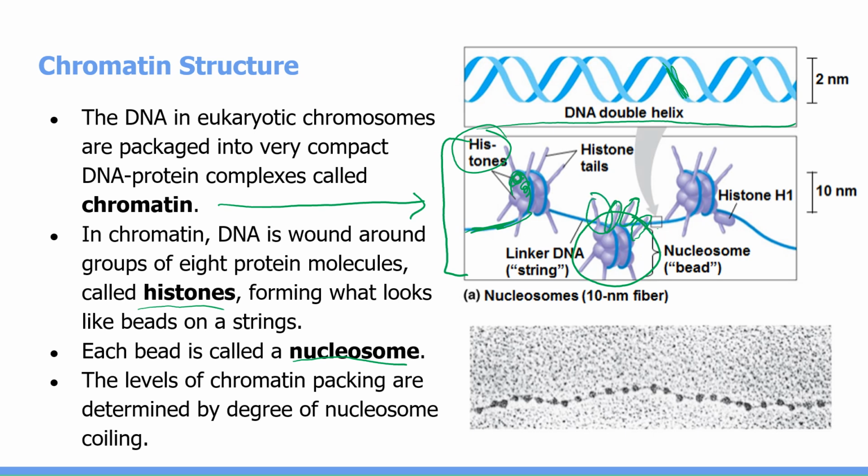And so the levels of chromatin packing are determined by the degree of nucleosome coiling. And we see this zoomed out picture of the chromatin, and then each one of these spheres would be the nucleosomes.